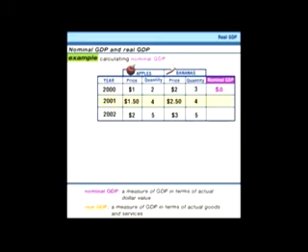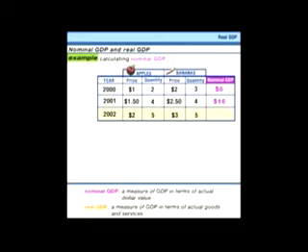And $2.50 per banana times 4 bananas purchased gives us a total of $10 on bananas. 10 plus 6 is $16. That's the gross domestic product in the year 2001. And finally, the gross domestic product in the year 2002 is $2 an apple times 5 apples, or $10, plus $3 a banana times 5 bananas, or $15. $15 and $10 together is $25 for the gross domestic product.